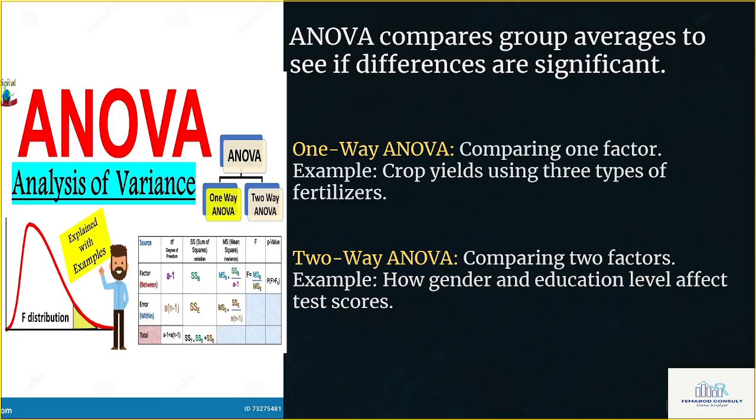For example, how gender and education level affect test score. Gender has two categories, then education level can have more than three categories, like maybe SSC holder, a graduate, a master's holder, a PhD holder. You can see that we are using so many things to compare now. So that's a two-way ANOVA.